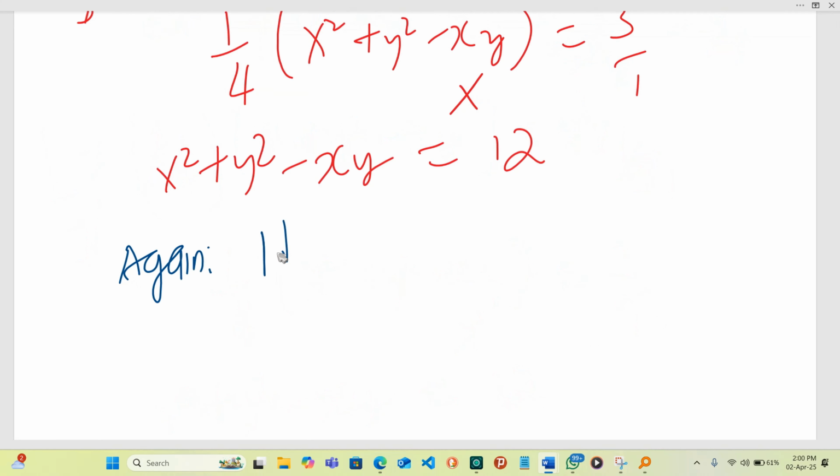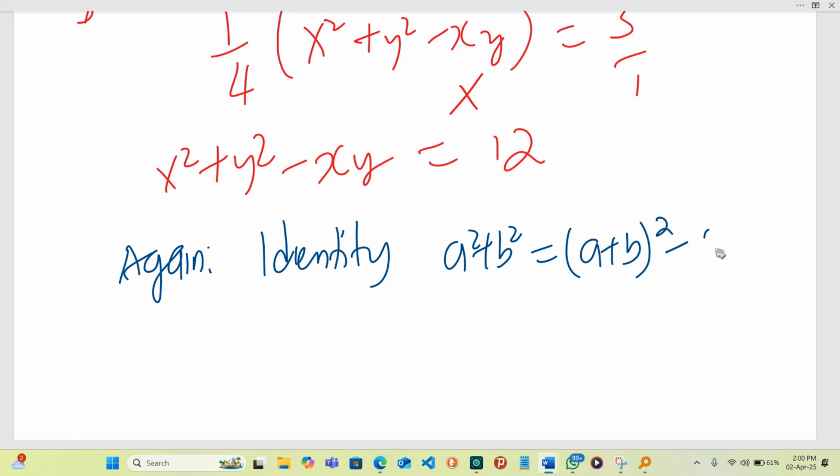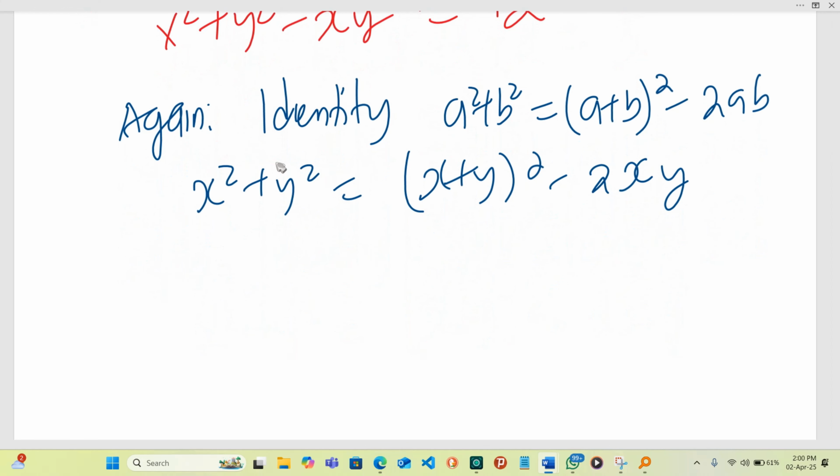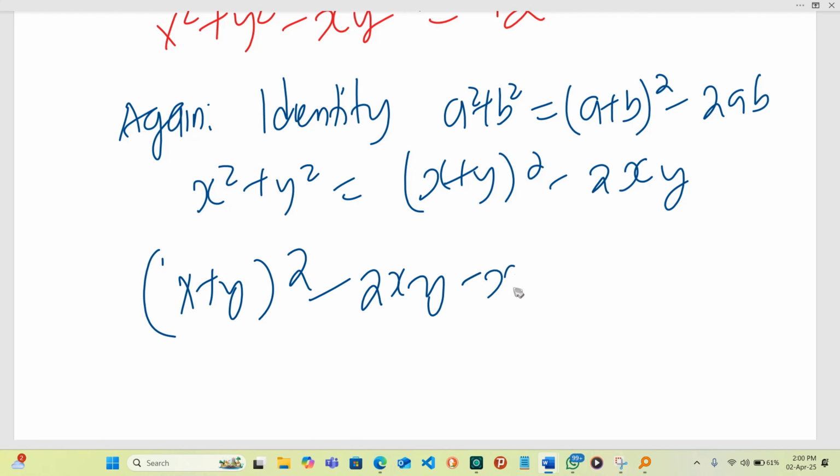Again, the identity: a squared plus b squared is equal to (a plus b) squared minus 2ab. So we do the same here. We know that x squared plus y squared will become (x plus y) squared minus 2xy. So we substitute that here, and we have (x plus y) squared minus 2xy minus xy, and this is equal to 12.